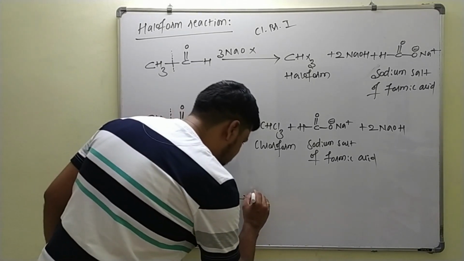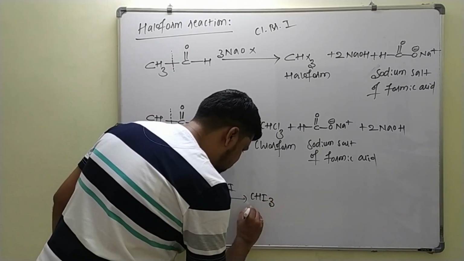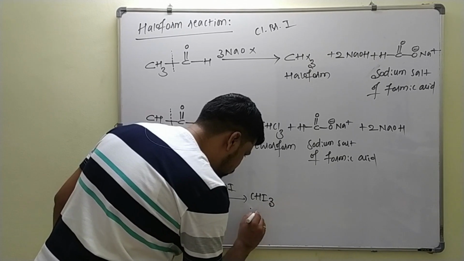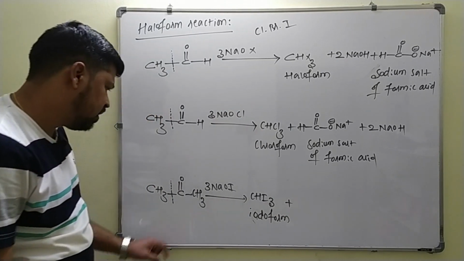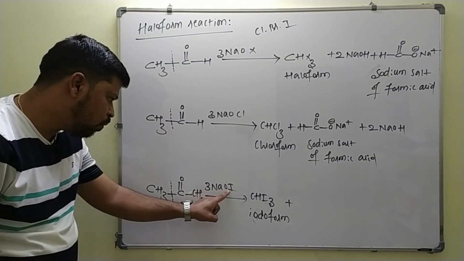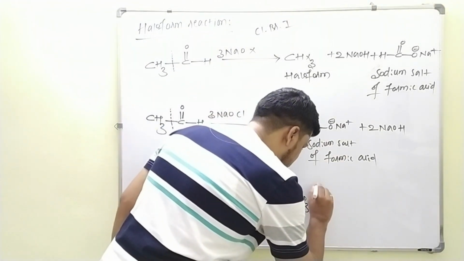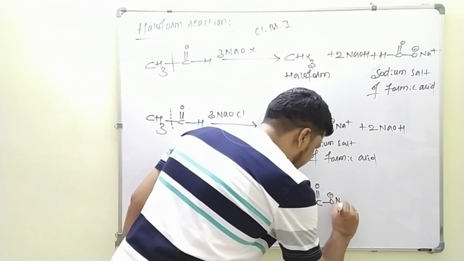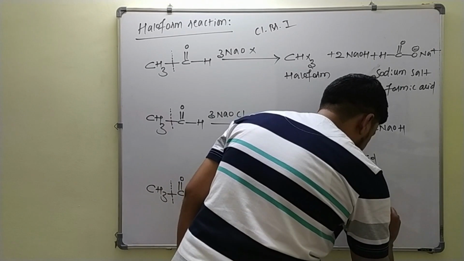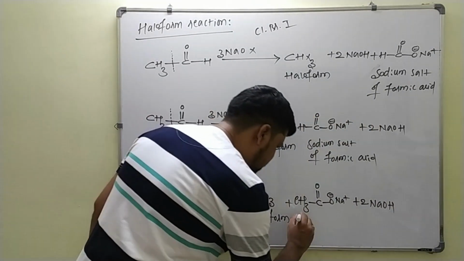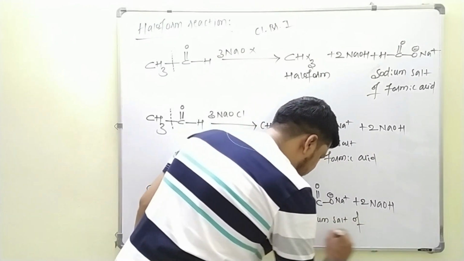Here iodine is there, which means you will get iodoform CHI3. This is your iodoform, plus CH3COONa, CH3COO minus Na plus, the sodium salt of acetic acid, plus the remaining 2 times NaOH.